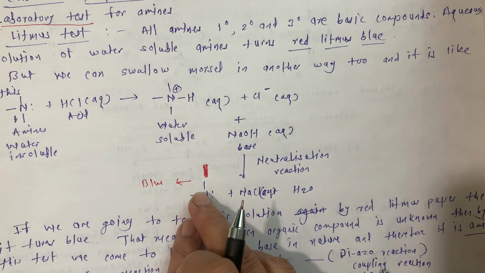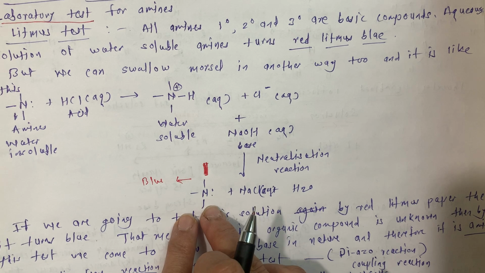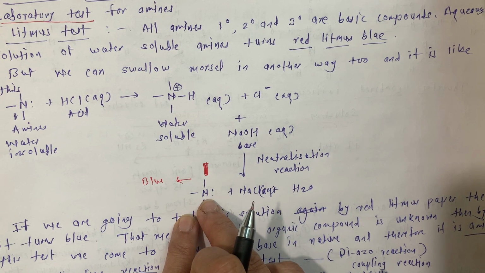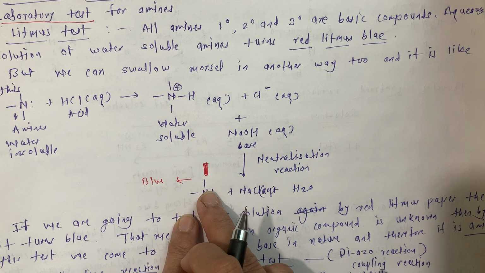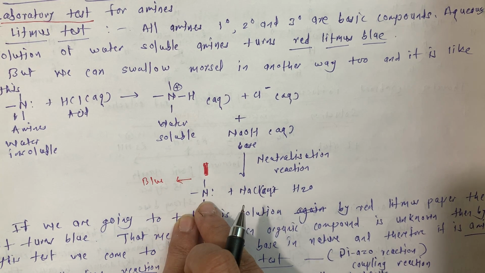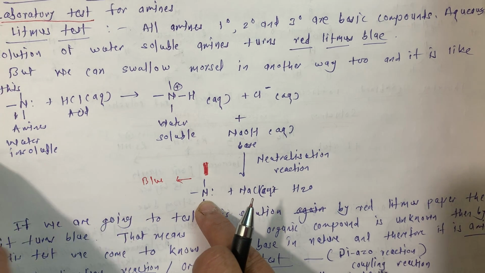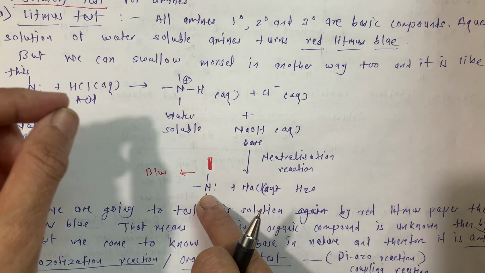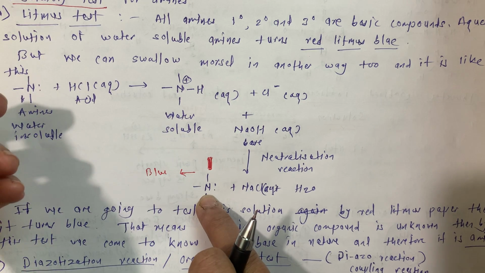It means the given organic compound is basic in nature, and then we can say this is nothing but an amine. Red litmus turns blue, meaning this is nothing but an amine. By dipping red litmus into the given solution, it also turns blue.